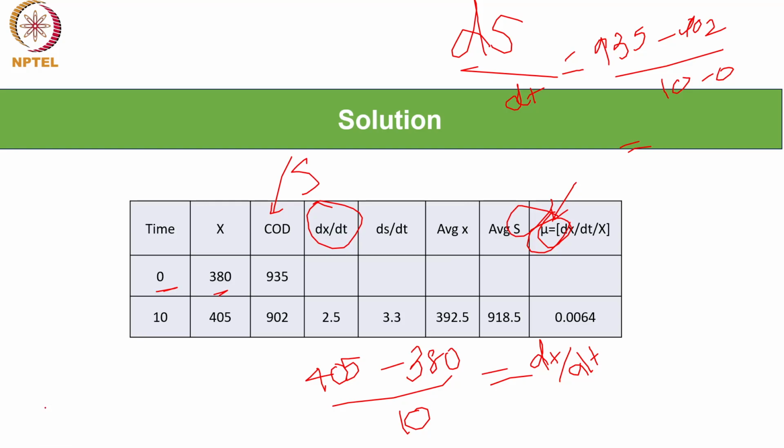Now you find what is the average for x. x average will be 380 plus 405 divided by 2. 380 plus 405 divided by 2.